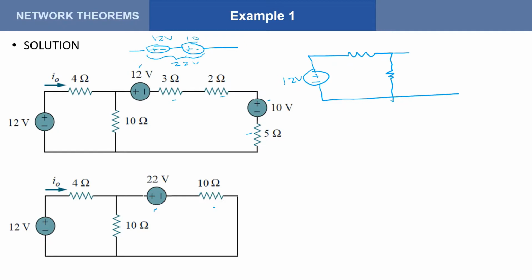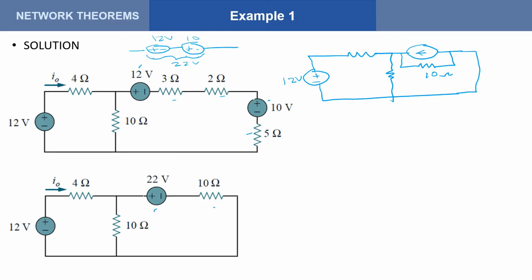So that thing, the 22 volts and 10 ohms, can be converted into a current source, an independent current source, and parallel resistance. So this one is 10 ohms.